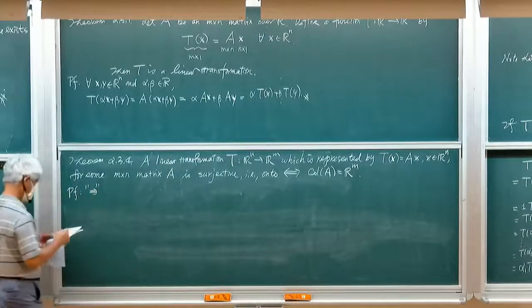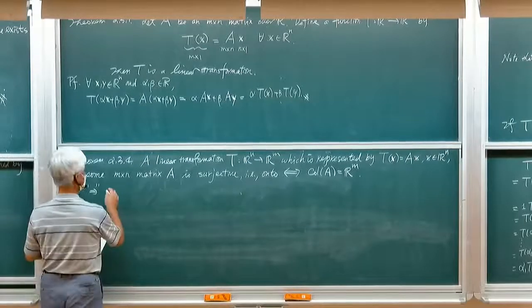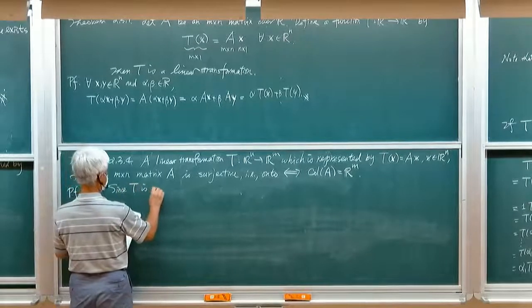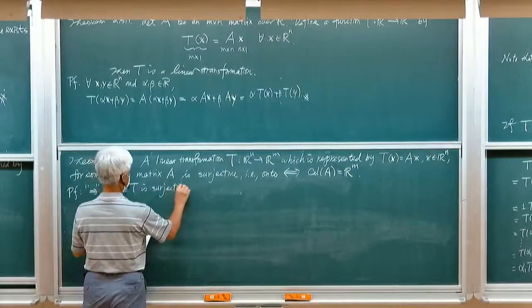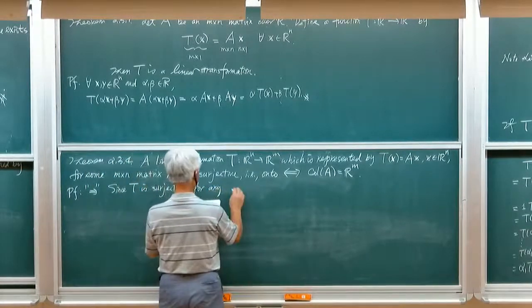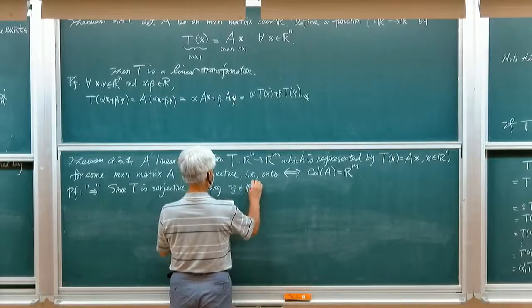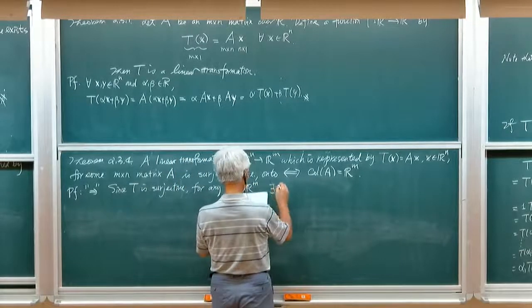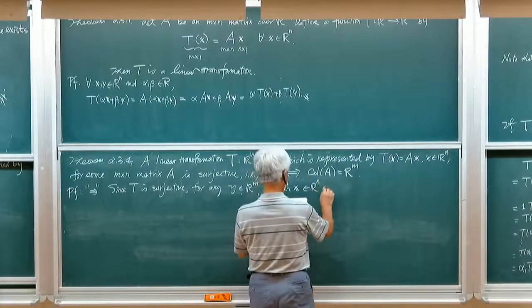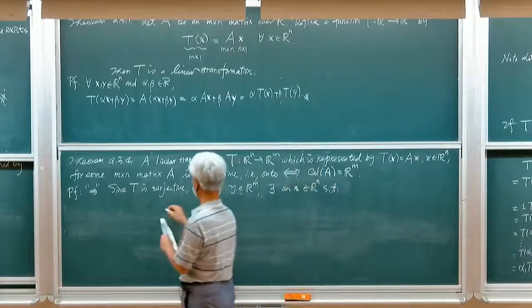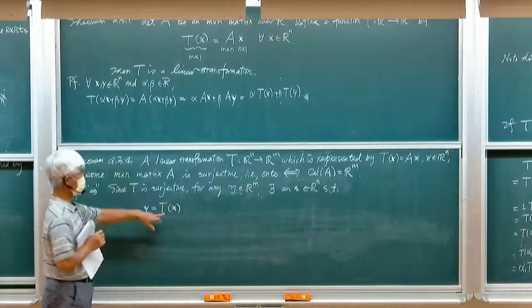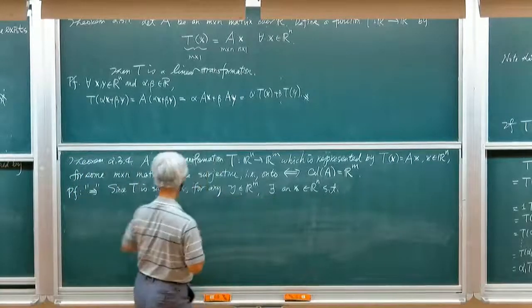So we first prove the forward part. Now since T is surjective, for any y in Rm, there exists an x in Rn such that y is equal to T of x.